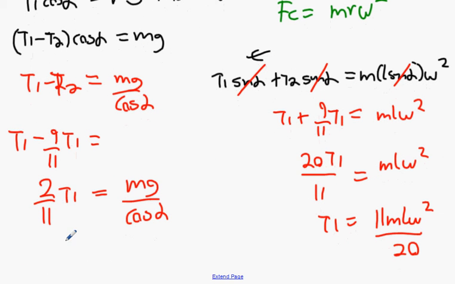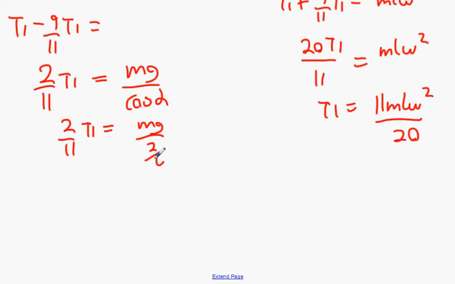So cos alpha being 2 over L. So 2 11ths T1 equals mg divided by 2 over L. Dividing by 2 over L is the same thing as multiplying by L over 2. Now we're going to cross multiply up to 11. We're going to get 11 mgl, and we're going to get 4 on the bottom equals T1.